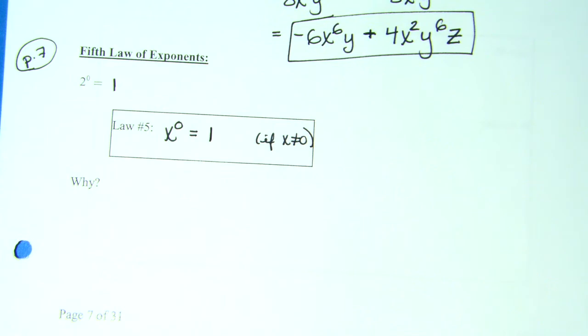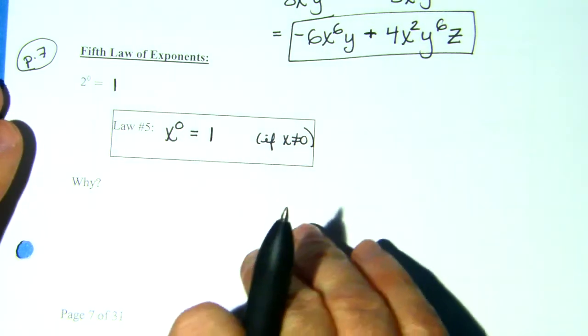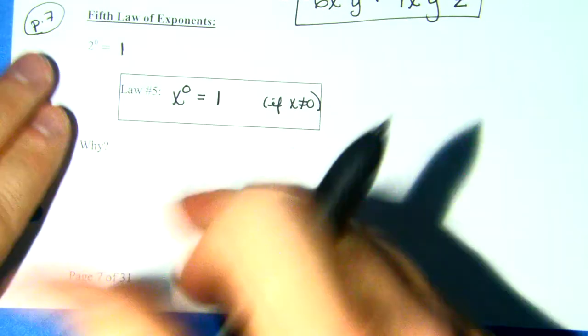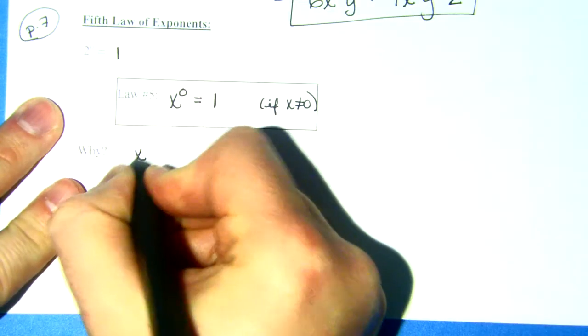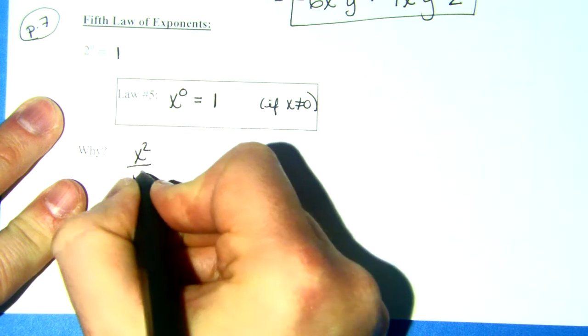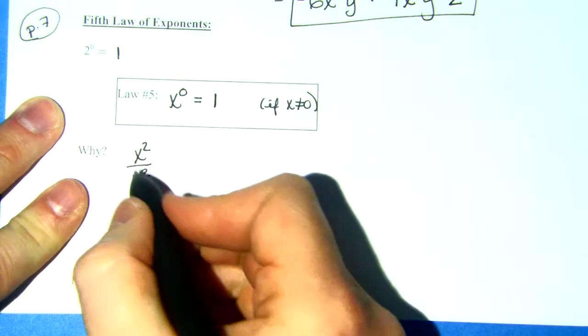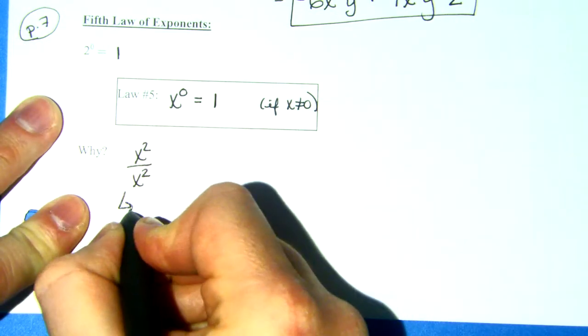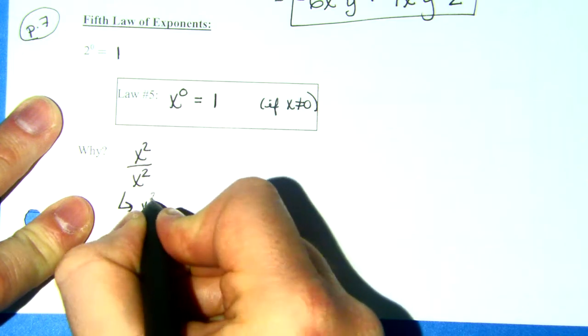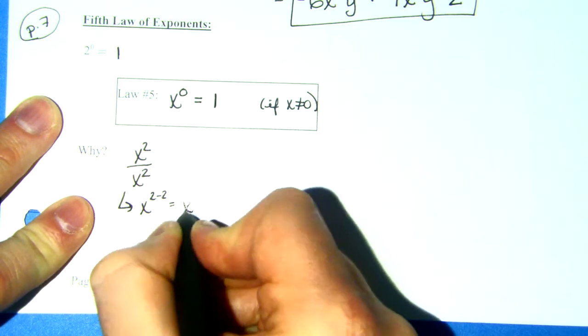I think we should probably talk about why this works. Well, if I have x squared over x squared, by laws of exponents, when we divide, we subtract, so wouldn't this be x to the 2 minus 2, or x to the 0?